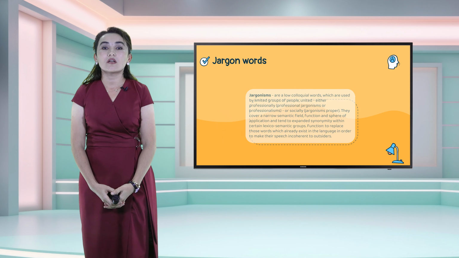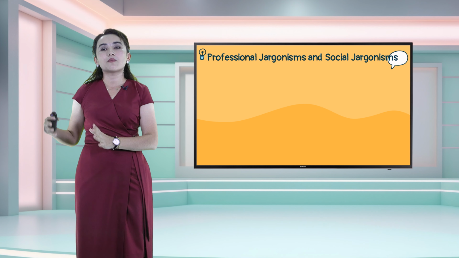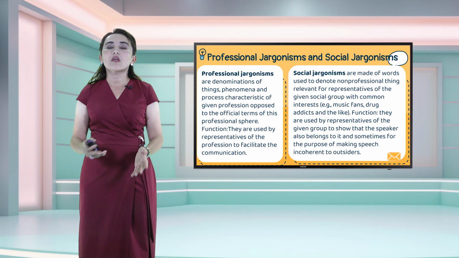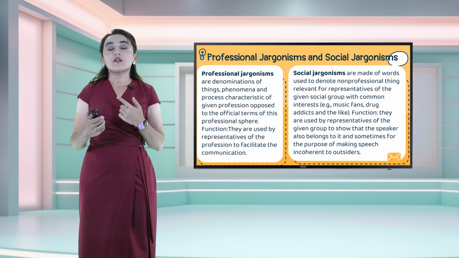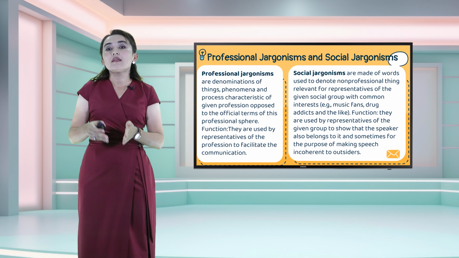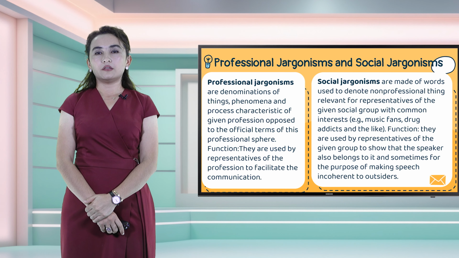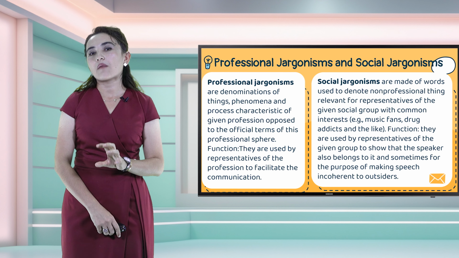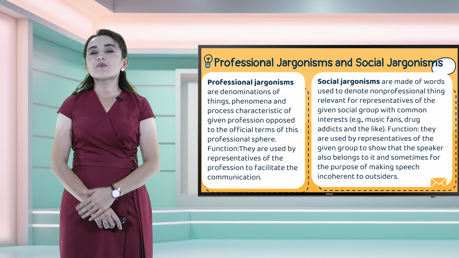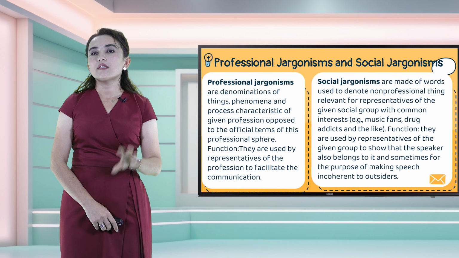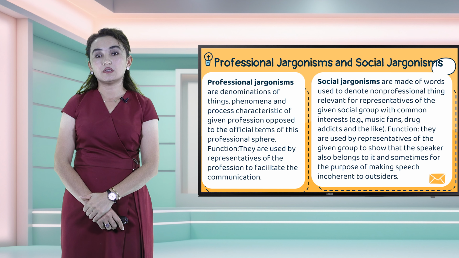Okay, so social jargonisms are also used by proper people in a local area in order to understand each other in an easy way. So the function and the sphere of application tend to expand synonymity within certain lexico-semantic groups.